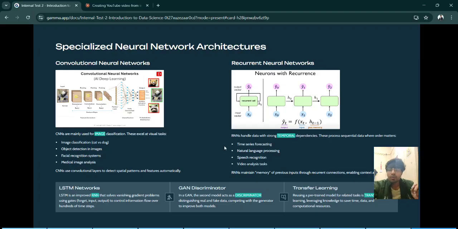They are used for time series forecasting like stock price and weather, natural language processing, since text is a sequence of words, speech recognition, since audio is sequential, and video analysis, with frames in time order. They have memory through recurrent connections that feed information back into the network.